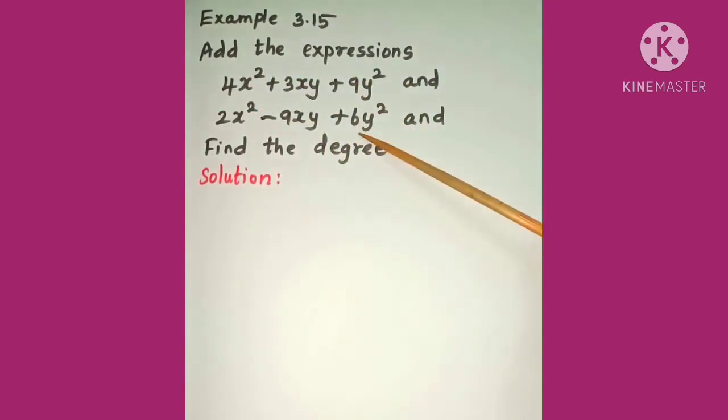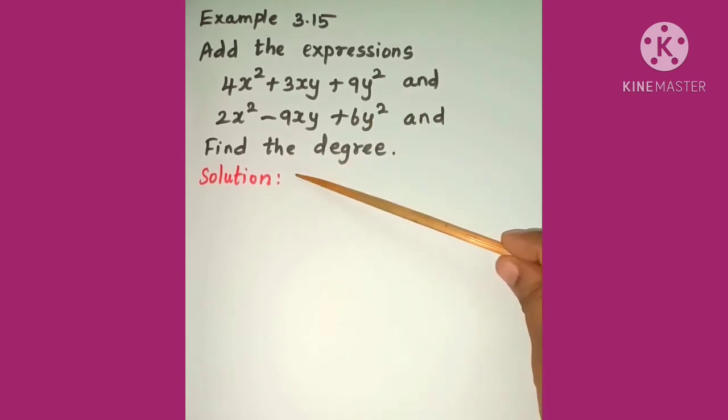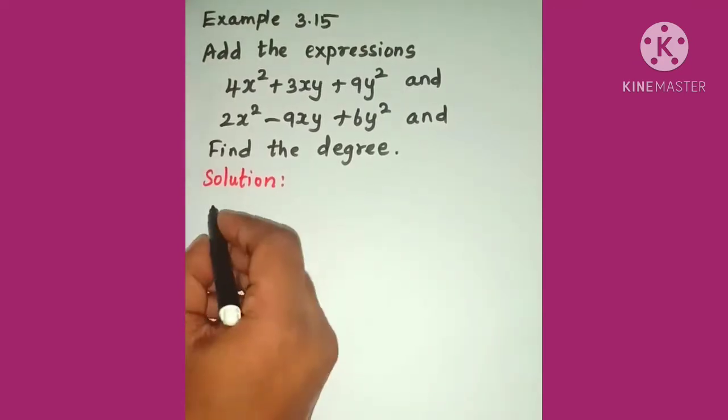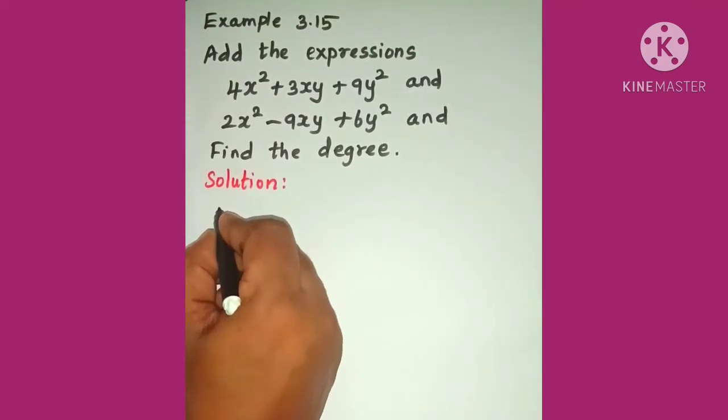Two expressions are given. Here we are going to add these expressions, and then after that find the degree, so find the degree of the required expression. So here first let us write the given expression.